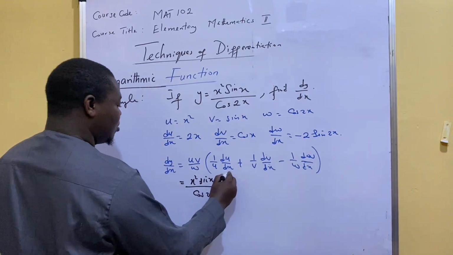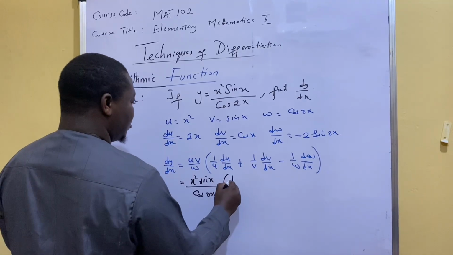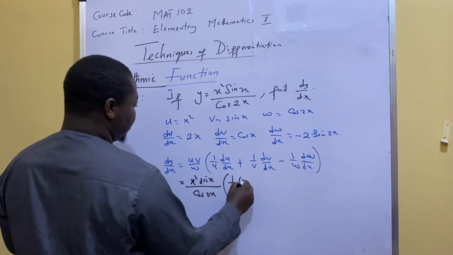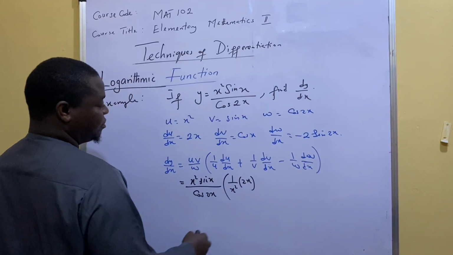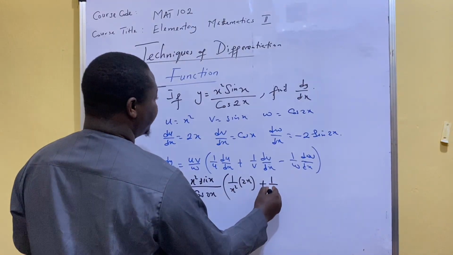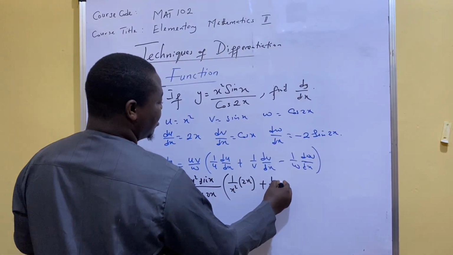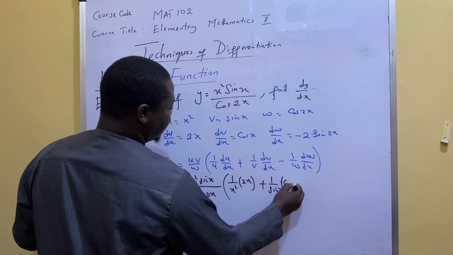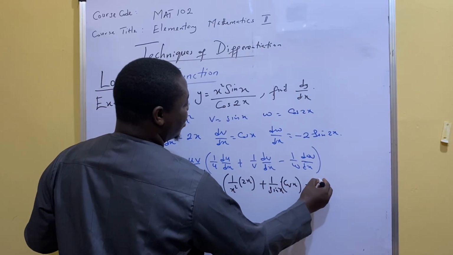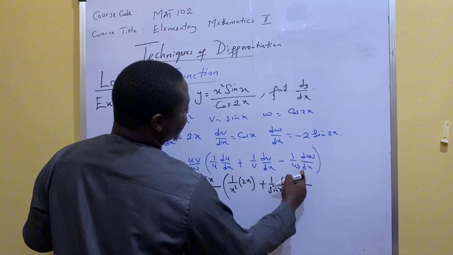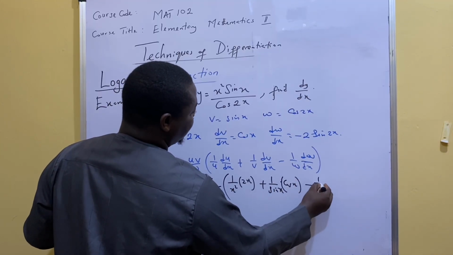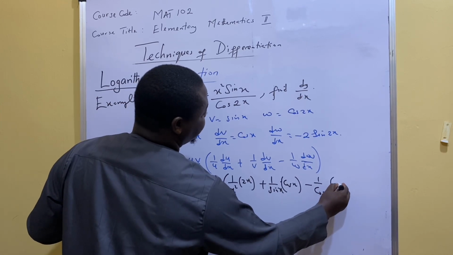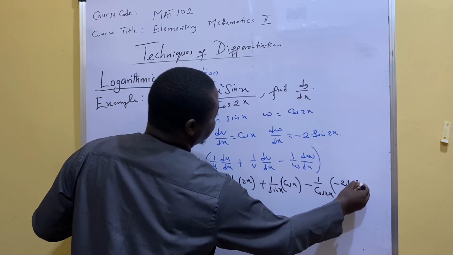So open bracket, 1 over u, 1 over x squared, times du/dx, which is 2x, plus 1 over v, 1 over sine x, multiplied by dv/dx, cos x, minus 1 over w, which is 1 over cos 2x, multiplied by minus 2 sine 2x.